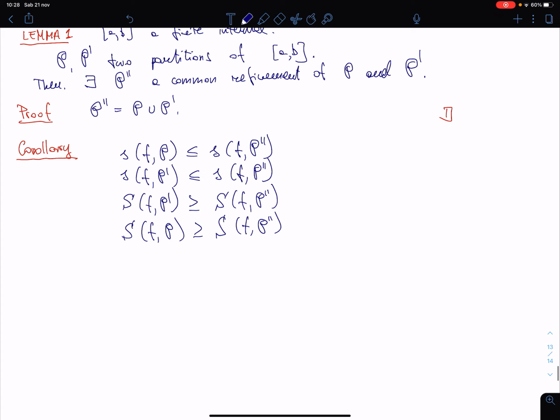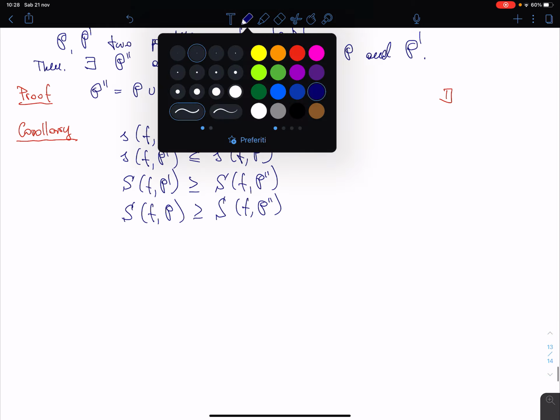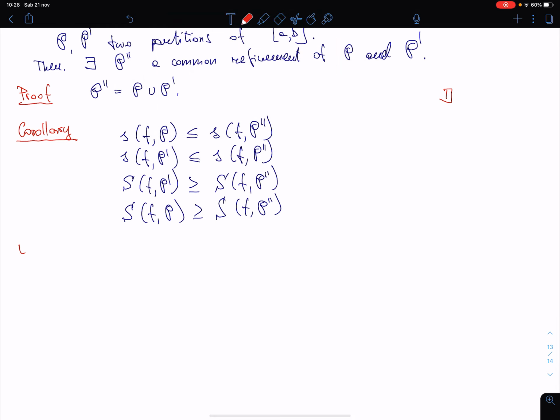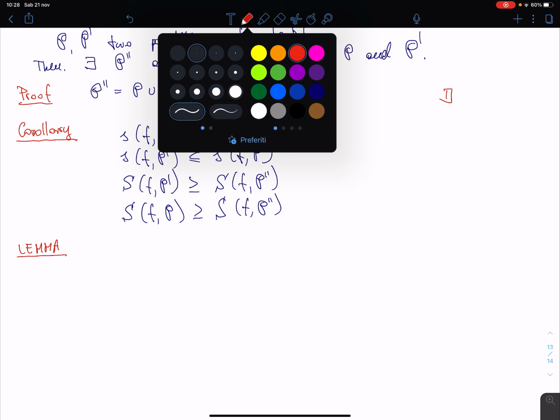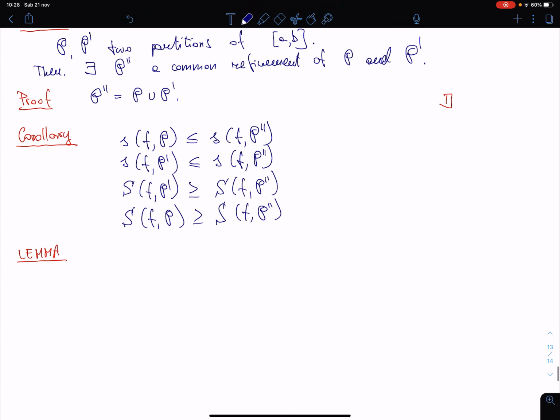So, and now the second lemma will be used. We have again f from a, b to R, bounded.